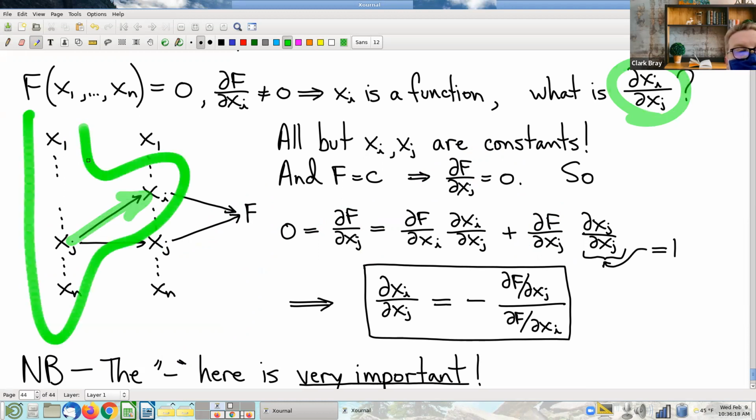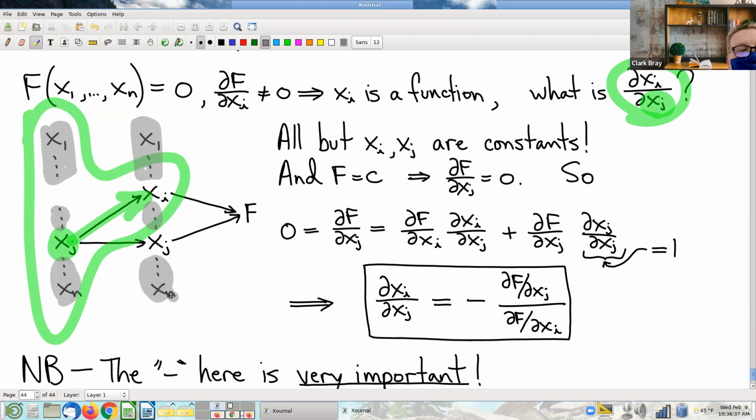And when you do that, that means that all of the other input variables other than xj, which is our stated variable, are required to be constant. So these are constant, and therefore these are constant. Right, and then likewise these, and therefore these, and likewise these, and therefore these.